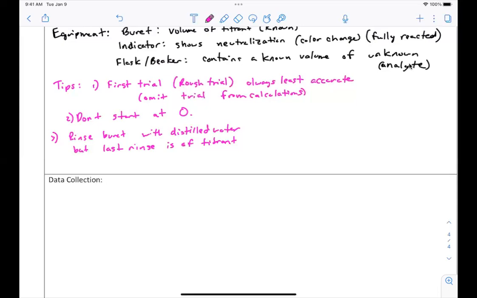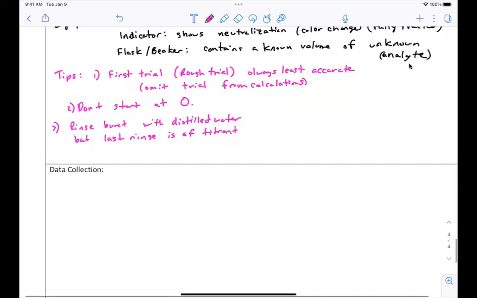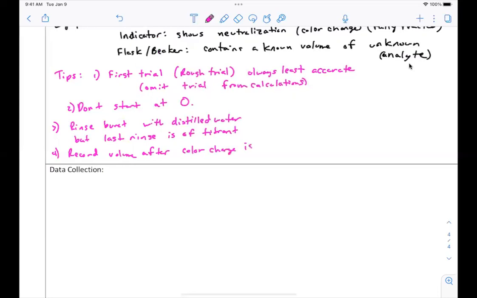Okay. So, 4, record volume after color change is permanent. If you remember some of these titrations, sometimes the phenolphthalein would turn pink and then it'd fade away, turn pink, then fade away. That's part of the reaction occurring.